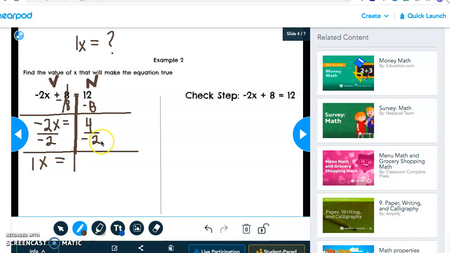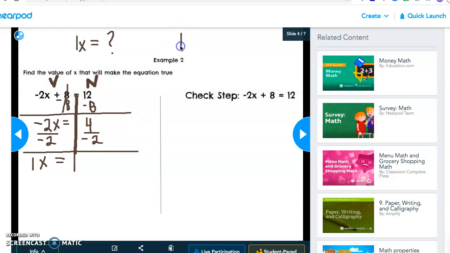4 divided by negative 2. Remember, if they're different signs, a positive times a negative or a negative times a positive, it's always going to be negative.